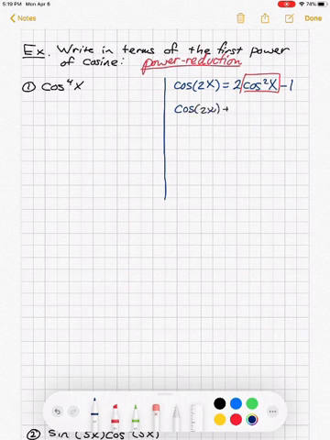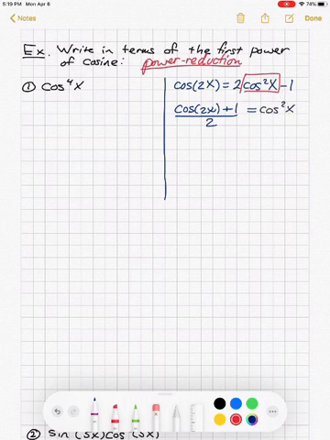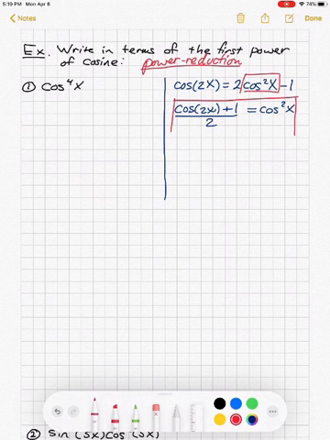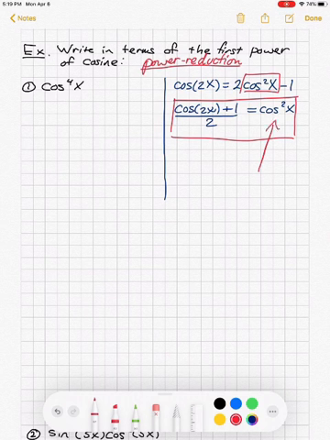So I guess I'd have to add the 1, divide by 2. There's a power reduction formula for cosine. In other words, I know I can relate cosine squared to the first power of cosine according to this formula.